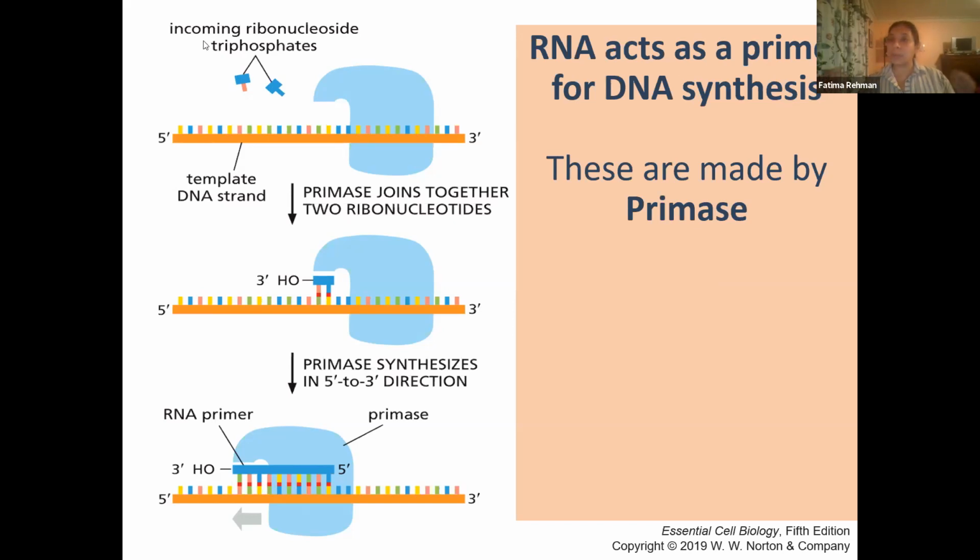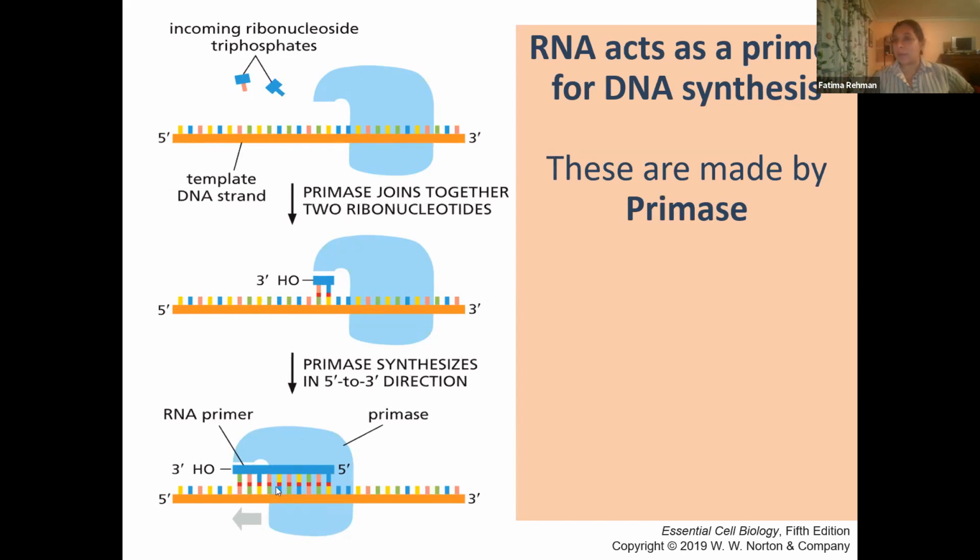Again, these are going to be ribonucleoside triphosphates that will come in. It will stitch together a short primer based on the sequence that is right there to create about a 15 to 20 nucleotide primer, and then it would fall off at that point.